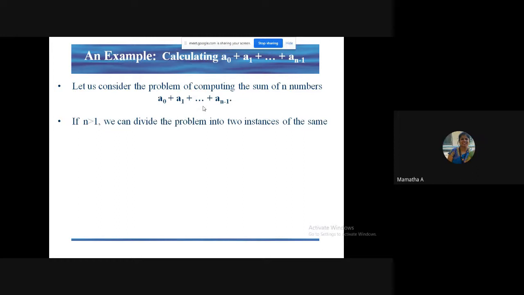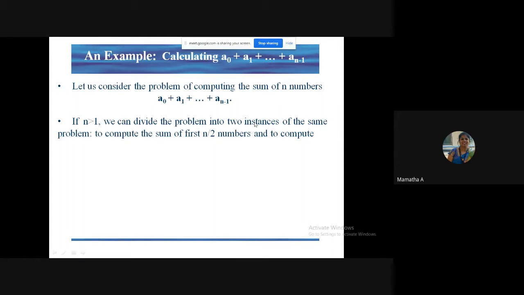So what I'll do is, very important, provided the number of elements n is greater than 1. If the number of elements is 1 in the array, I cannot divide it. That's not possible. I cannot divide a single number into half. If n is greater than 1, we will divide the problem into two instances of the same problem, isn't it?